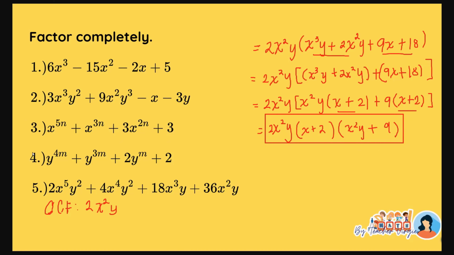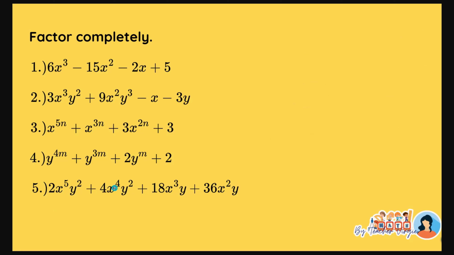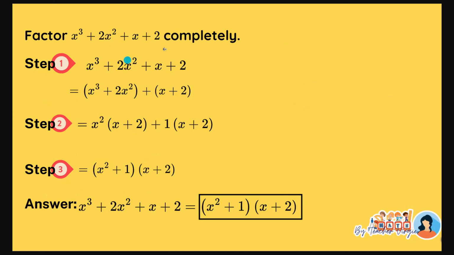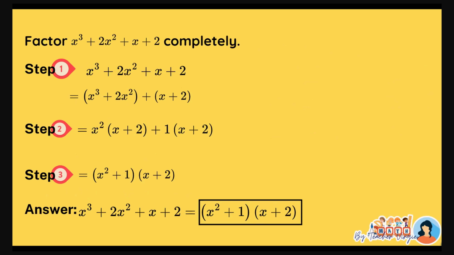First, we have to regroup the polynomials into 2 groups, and then in each group find the GCF.